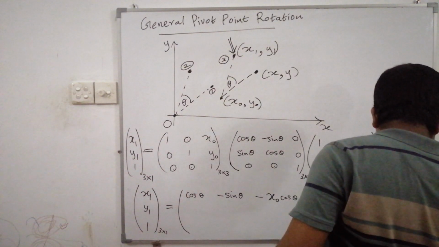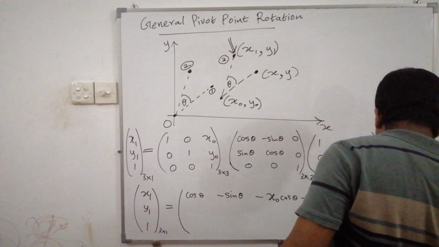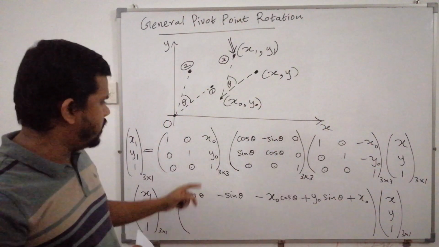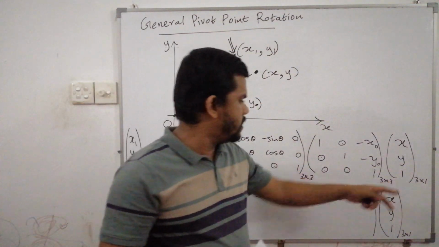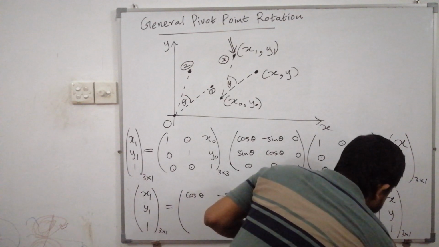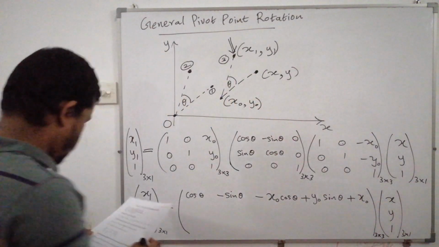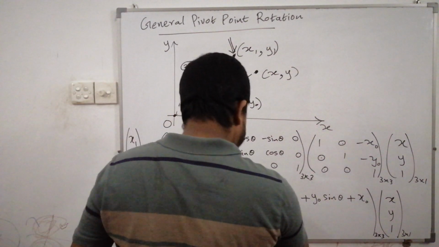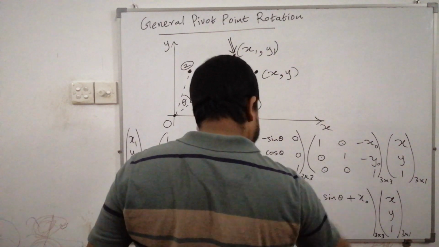Here we have x, y, 1, a 3 cross 1 matrix. So if we multiply these three matrices, you will get a 3 cross 3 matrix.